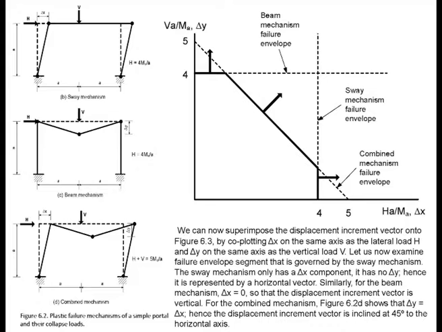That is totally dependent on the magnitude of the vertical load, and therefore the failure envelope is this particular horizontal straight line. And in between, you will have a combined mechanism that is governed by this failure envelope. So basically, the area underneath these 3 failure envelopes is essentially the working envelope of your frame.